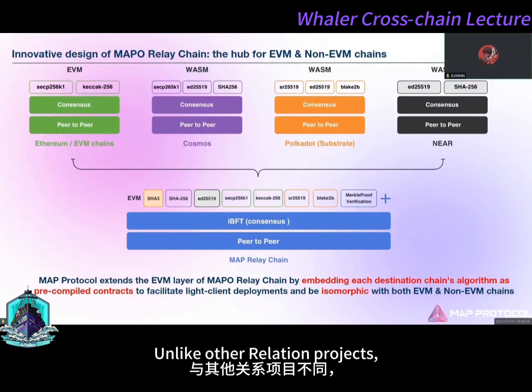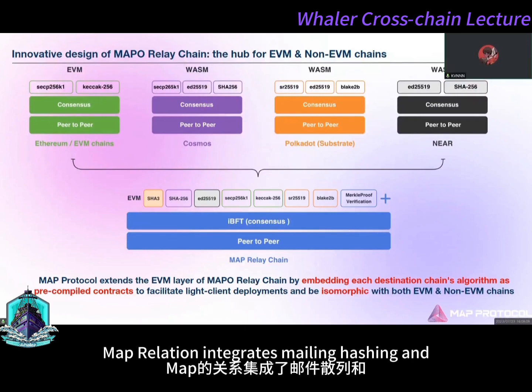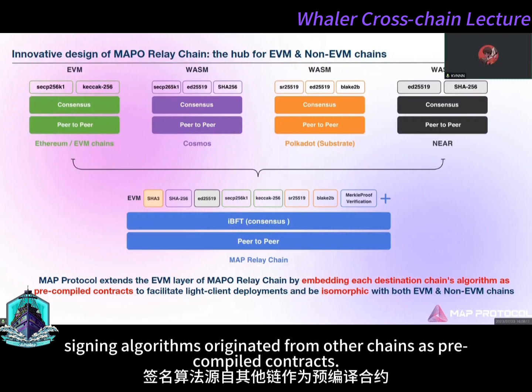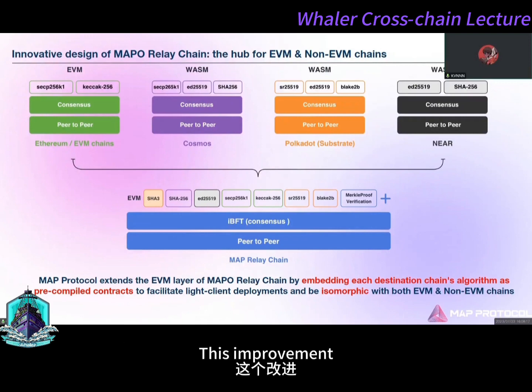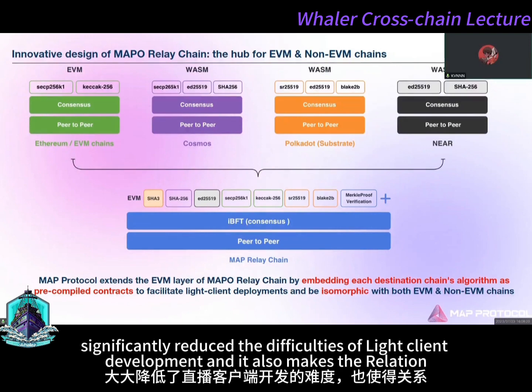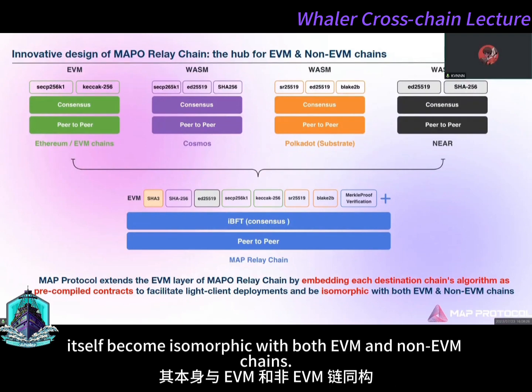Unlike other relay chain projects, the Map relay chain integrates mailing, hashing, and signing algorithms originated from other chains as pre-compiled contracts. This improvement significantly reduces the difficulty of Light client development, and it also makes the relay chain itself isomorphic with both EVM and non-EVM chains.